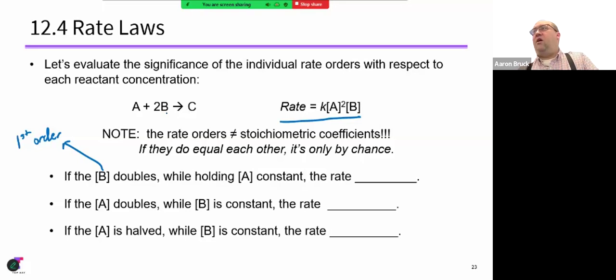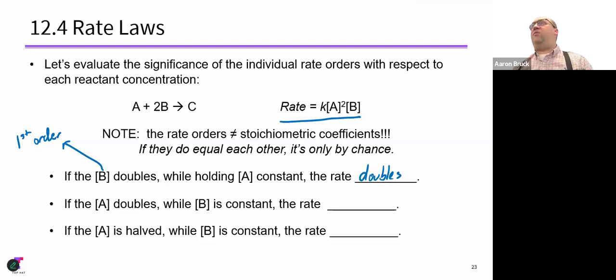If A is being held constant, so it's not going to impact the change in rate, B doubling is going to also double the rate. It's a linear relationship. The change that took place in the reactant is going to be reflected in the change of rate for the reaction.